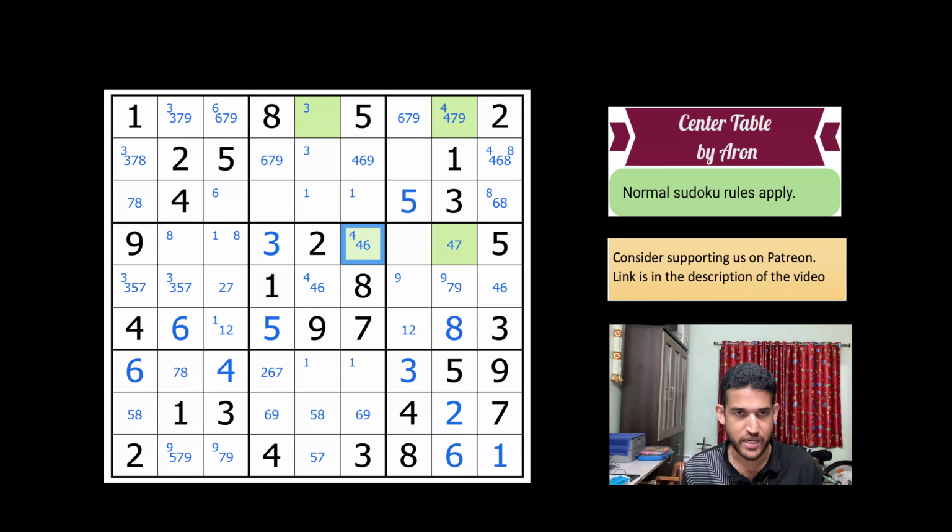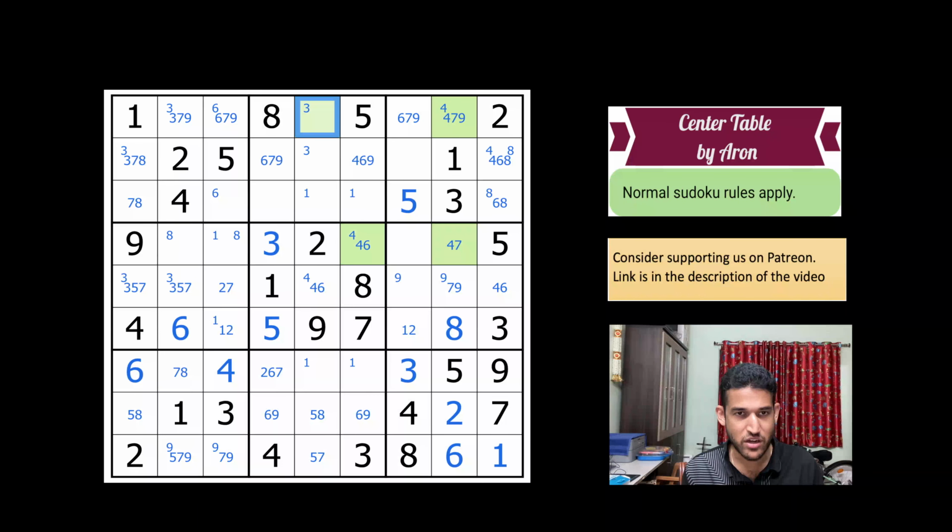Just imagine for a second if both of these cells don't take a 4. Greens go off. So in corresponding row 1 and row 4, there are exactly 2 cells left which are in the same common column. This is called a skyscraper logic, right? Now what do you do with this? So the cell which forces both of these to not take a 4, we can do some stuff there, right?